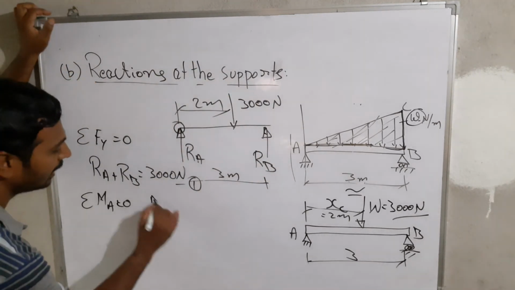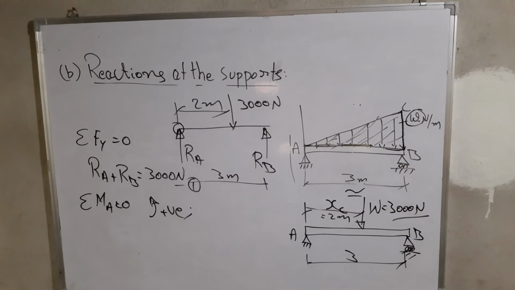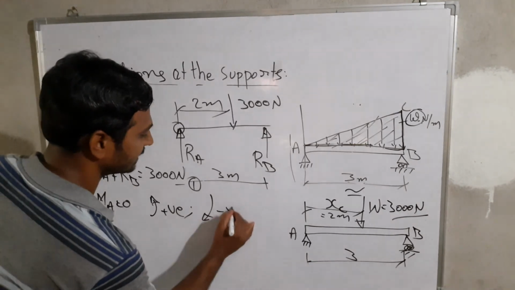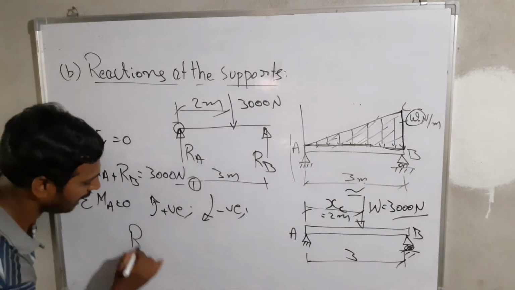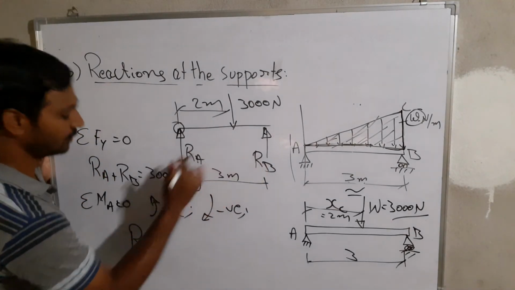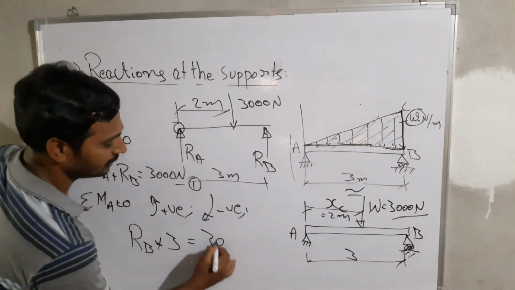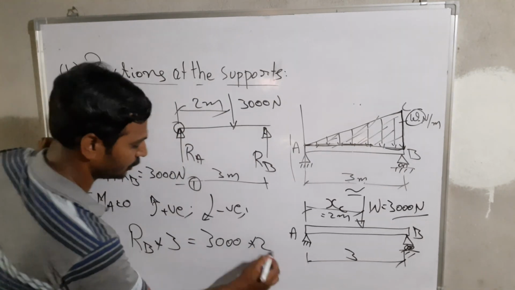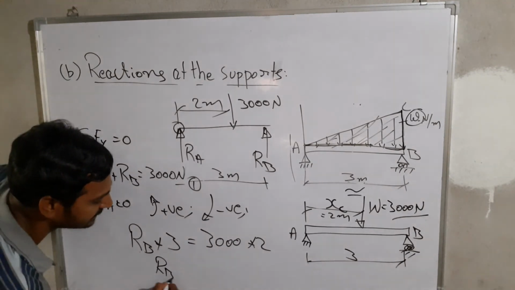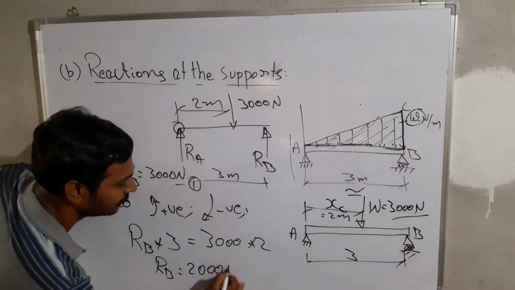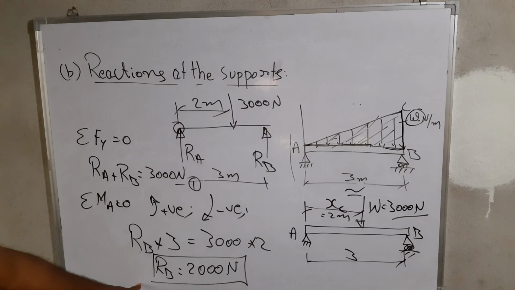So I am taking anti-clockwise direction as positive, and the clockwise I am considering as negative. On this basis, I write RB into the distance of 3 meters, that is equal to 3000, the load, into the 2 meters we are considering. After simplification, RB is equal to 2000 newtons.